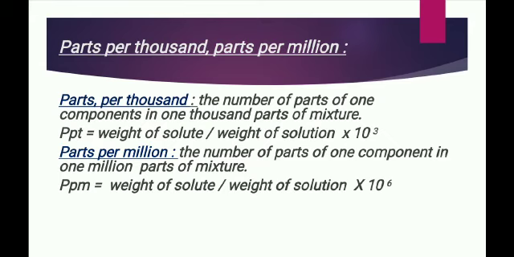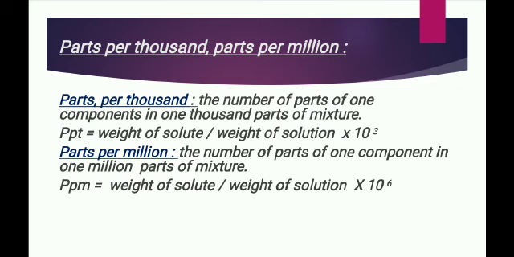Parts per thousand, parts per million. Concentration can also be expressed in terms of parts per thousand, parts per million, parts per billion, parts per trillion. Parts per thousand means weight of solute divided by weight of solution into 10 raised to 3.